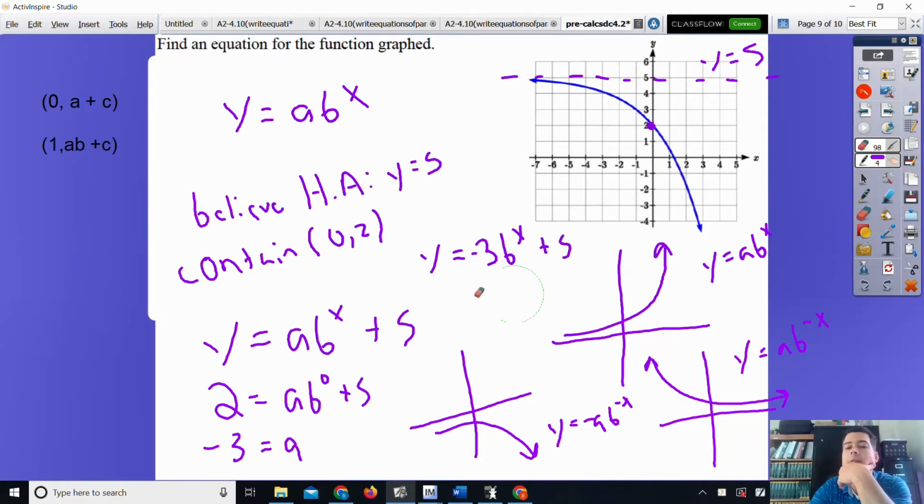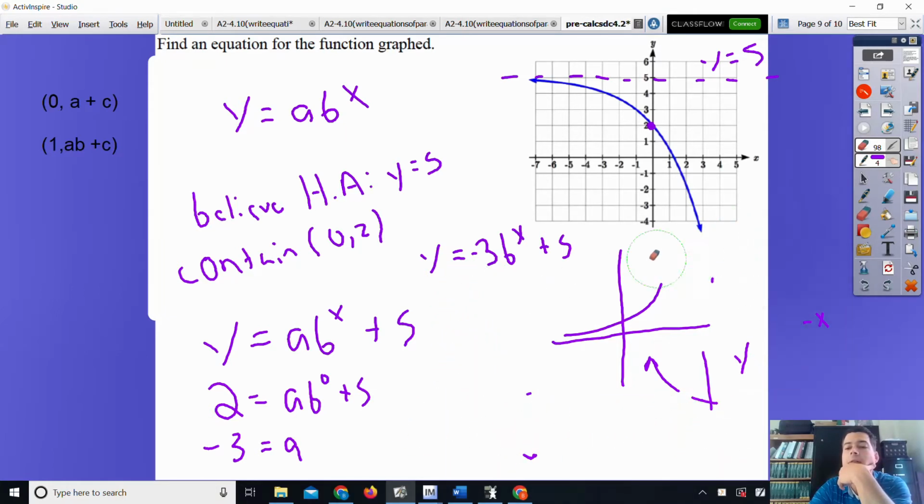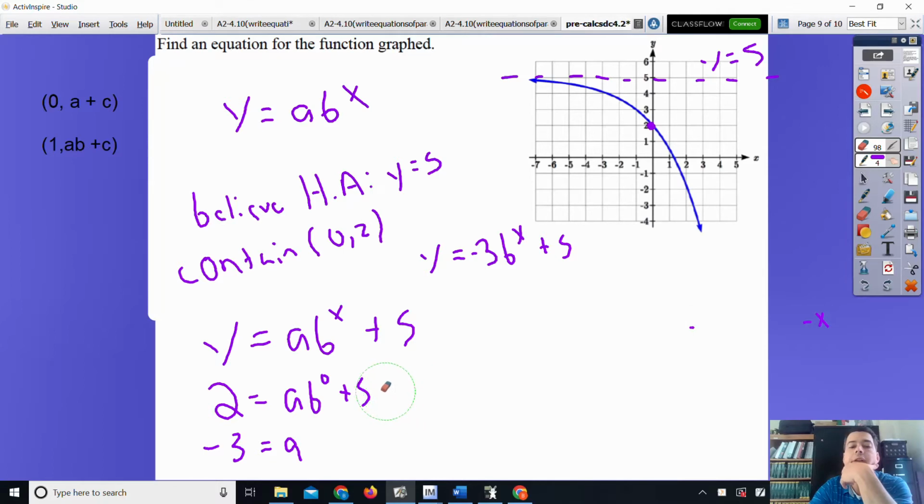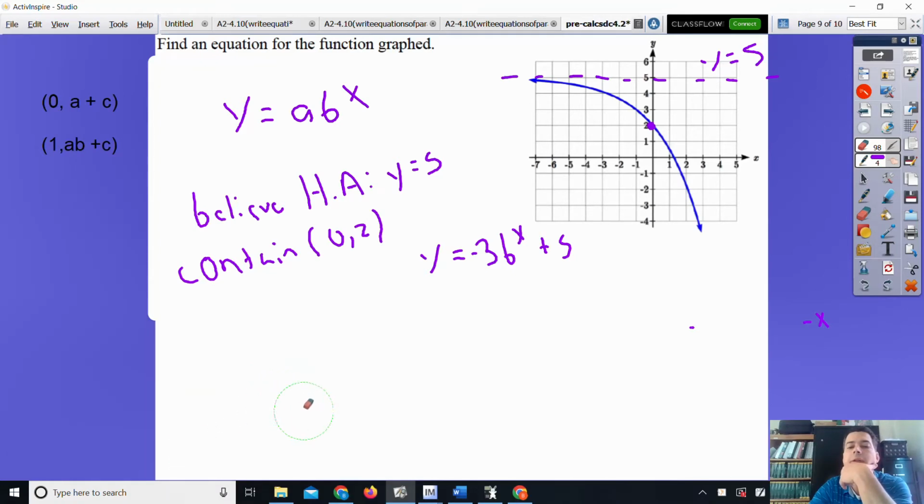But we could have actually done that all right here, couldn't we? We'll start right there. We have y equals -3b to the x plus 5. And we have another point here we can plug in: -1, 3.